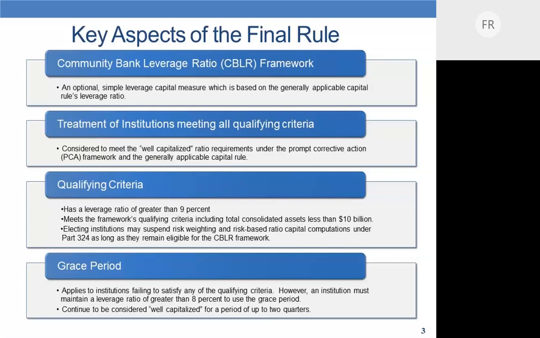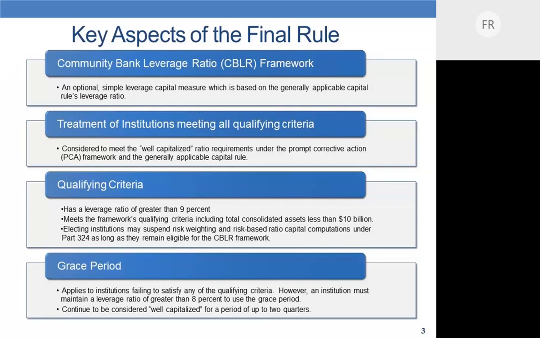For an institution to be able to opt in and begin using the CBLR, it must meet the following criteria: having less than $10 billion in total consolidated assets, having a leverage ratio greater than 9%, and meeting the framework's other qualifying criteria.